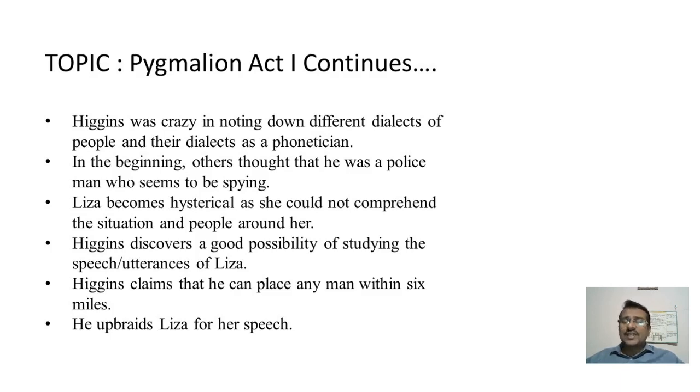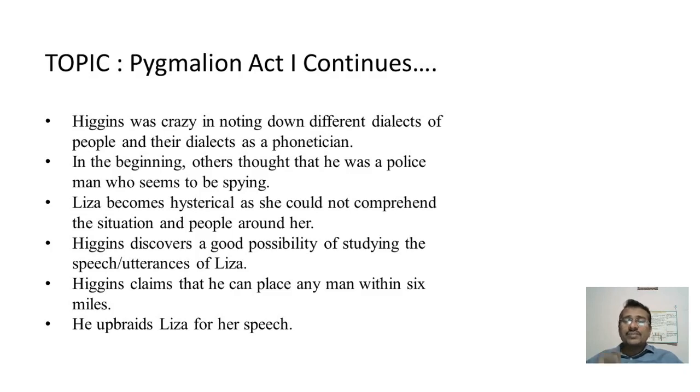Higgins claims that he can place any man within 6 miles. That means he can analyze which place a person is from based on the way of speaking, the accent or style, the words used as such, and also that he can change the slang or colloquial speaking to the elite or upper class person's speech, as it is believed.